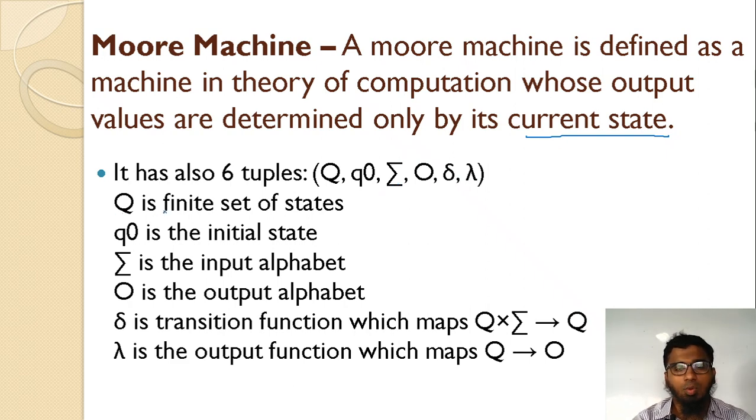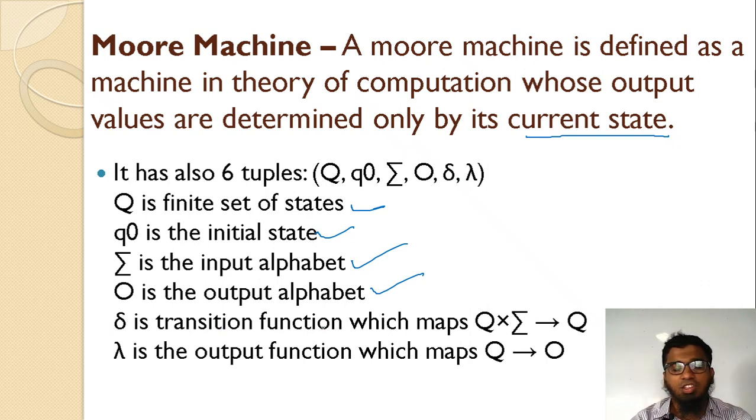First one is Q, the finite set of states, Q0 is the initial state, and sigma is the input alphabet, and capital O is the output alphabet, same as the Mealy machine.